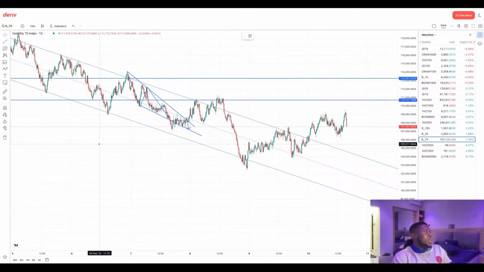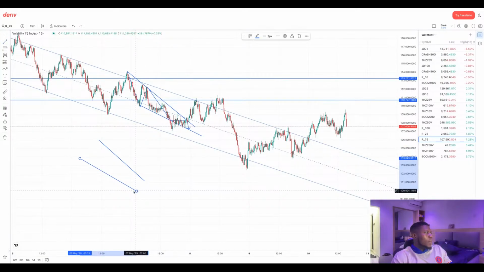I would say this again. Look at what I did here. If your reversal chart pattern is forming like this, it's going to break out this way.